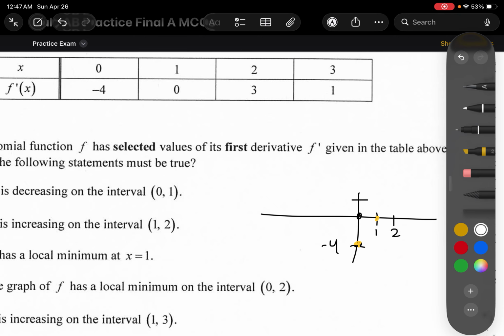And then 2, 3. And then 3 is going to be 1. So our graph should look something like this. That does not look right. Or something like that.